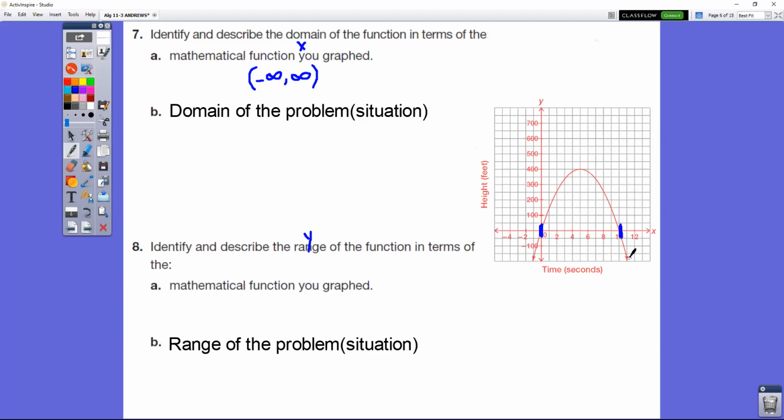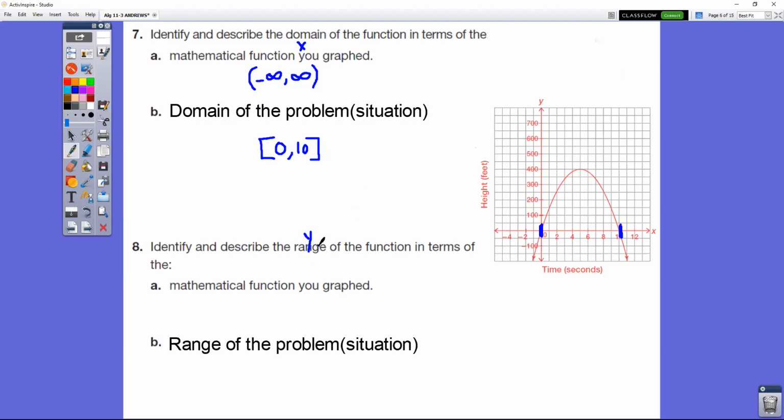It's going to start on the ground, go up in the air and land on the ground. So the domain of the problem situation is starting at 0 time and ending when it hits the ground at exactly 10. It includes that 0, it includes the 10. That's why we have squarey parentheses there.